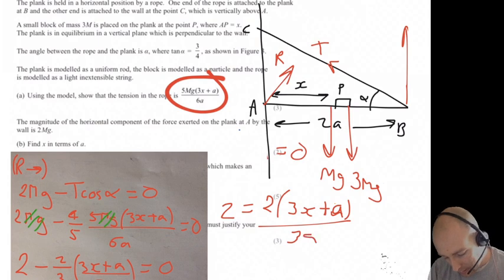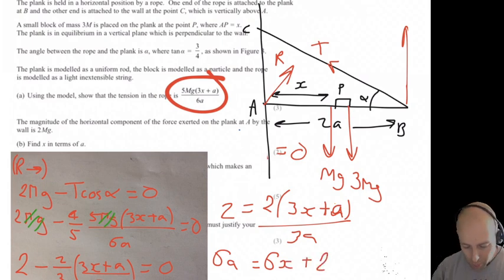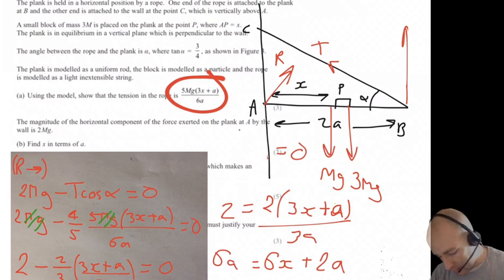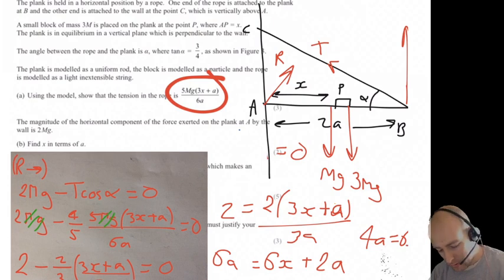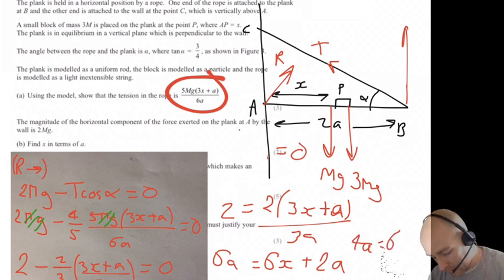Times it to get 6a equals, expand the brackets to get 6x plus 2a. We want to get x, so I'm going to take 2a from each side to get 4a equals 6x, and divide by 6. So therefore x equals 2/3 of a.